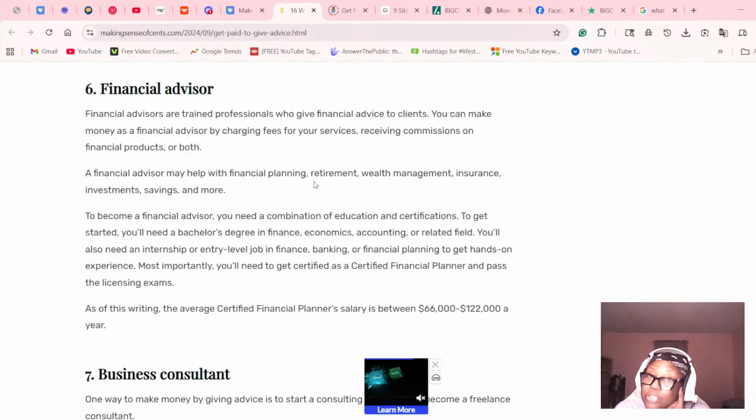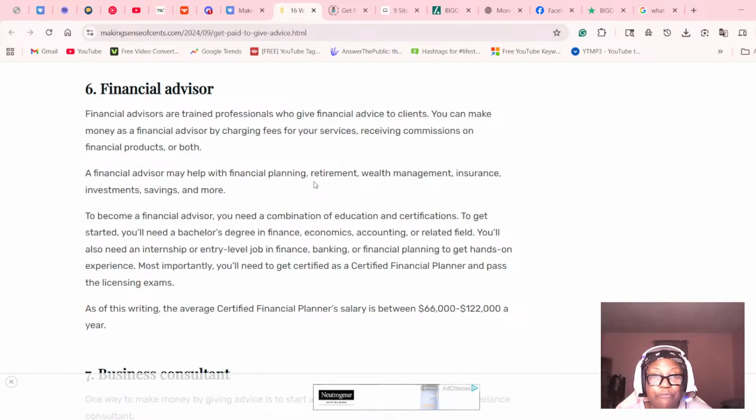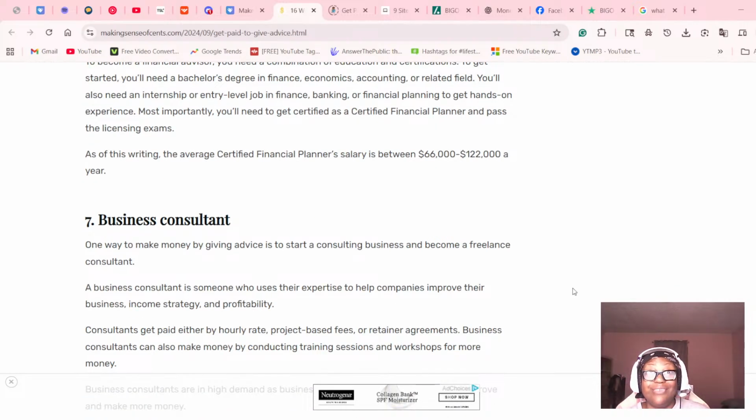And so this article says that financial advisors on a regular make anywhere from $66,000 to $122,000 a year, which means that you probably have anywhere from 3 to 6 clients at a time. It's kind of like being an agent for 6 Beyoncés or something like that. A talent agent doesn't just have the one person.